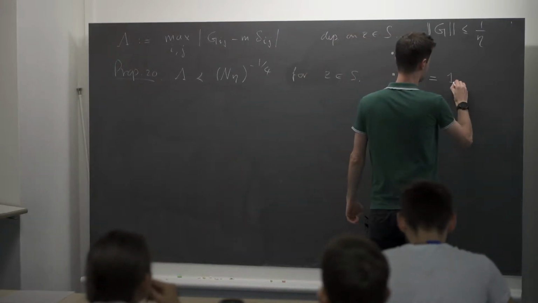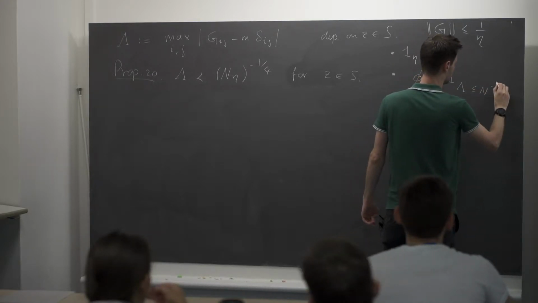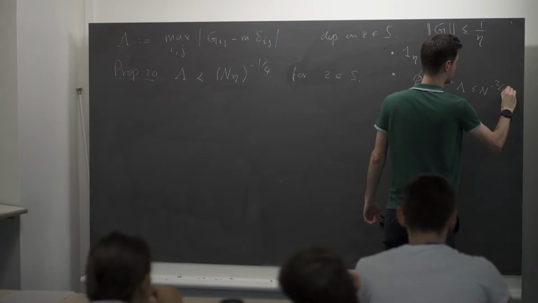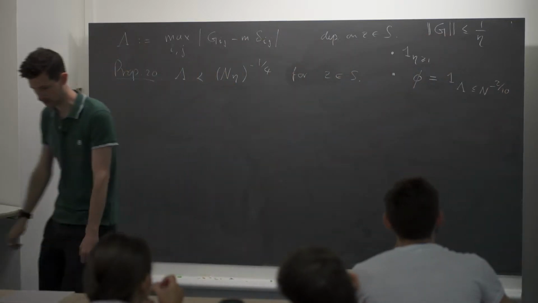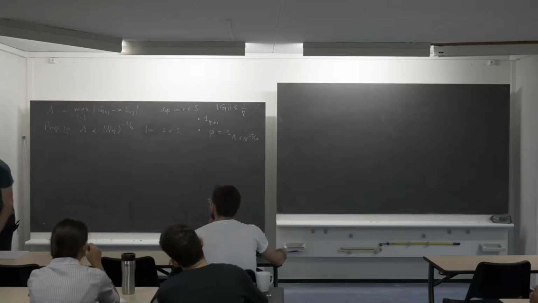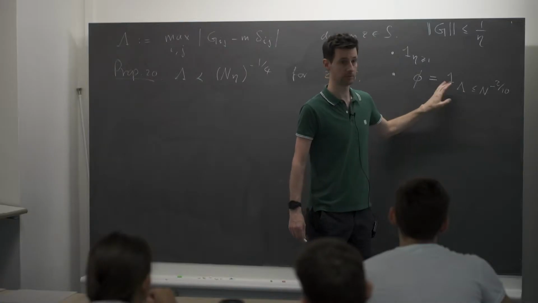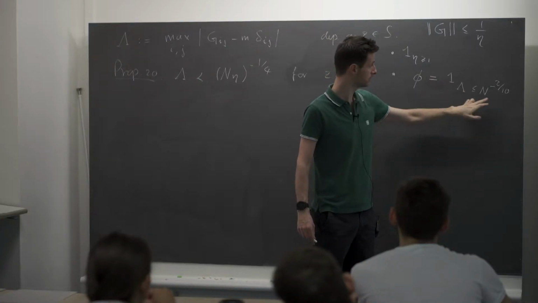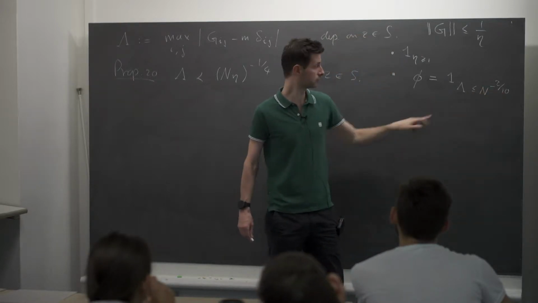If you recall, this was the indicator function that this thing is, I think it was tau over 10. The exact number doesn't really matter, it just has to be sufficiently small. So this says that this function is equal to 1 if this quantity lambda is small, not very small. This is a tiny exponent, so it's just a bit smaller than 1. That's how you should read it.